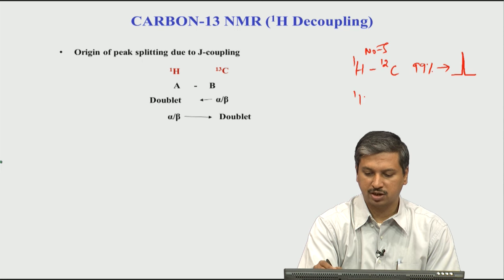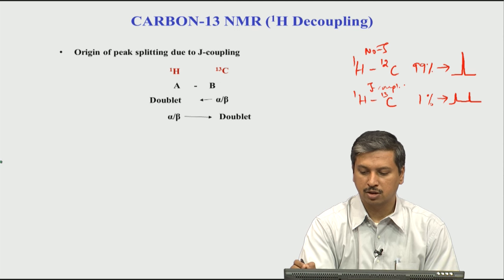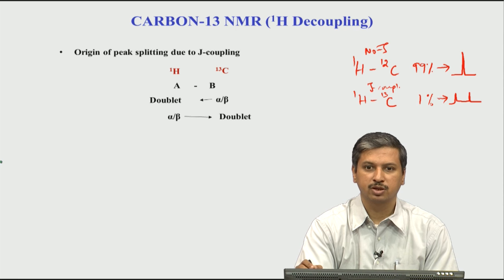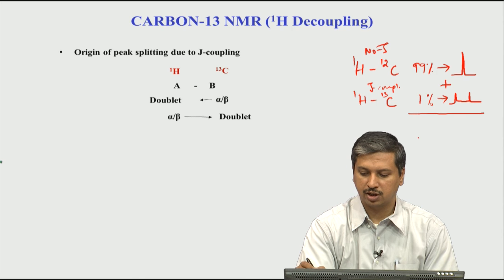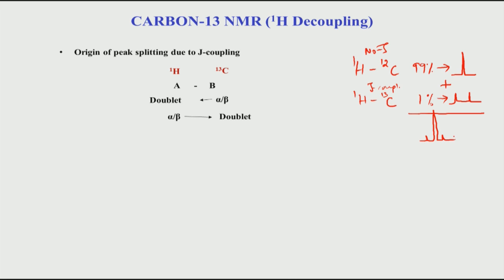But for 1% of the molecules this proton is attached to C13. So, this will be a doublet because of J coupling. That means in any given molecule both of these are present, so you have to add these two. If you add these two, what will you get? You will get a small peak, a tall singlet, and a very small peak like this, because this height now corresponds to 1%, whereas this is 99%.